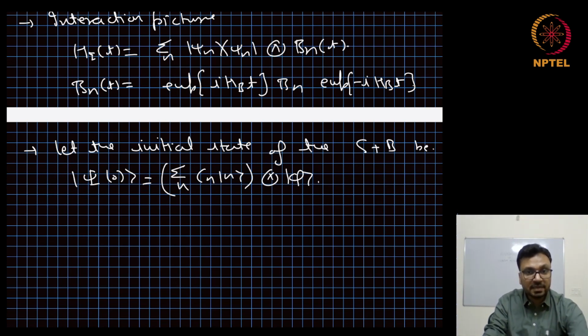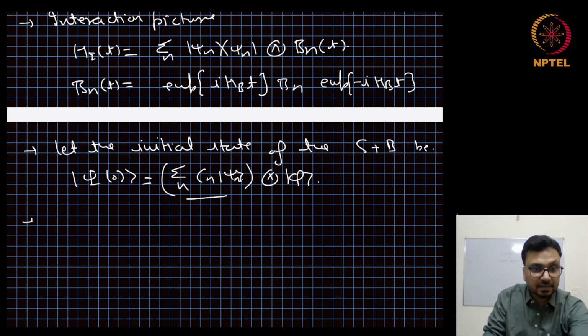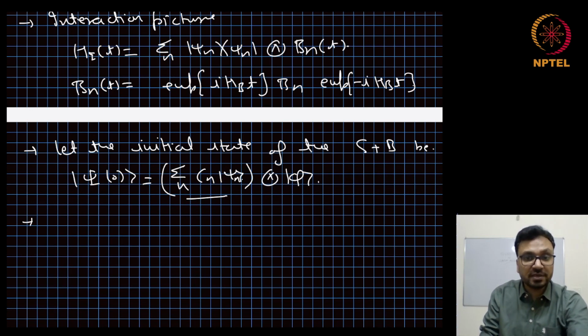The Cn can be any arbitrary coefficients, and |n> is ψn here, and we have an arbitrary state of the bath. So we are taking the pure state in the beginning. It can be converted to a mixed state also, but the results will not change. So we are assuming the system and bath are both in pure states, in arbitrary states in the beginning.